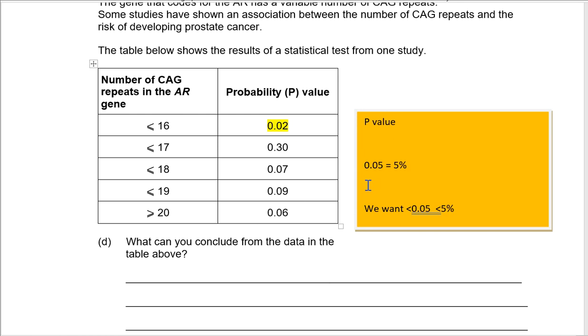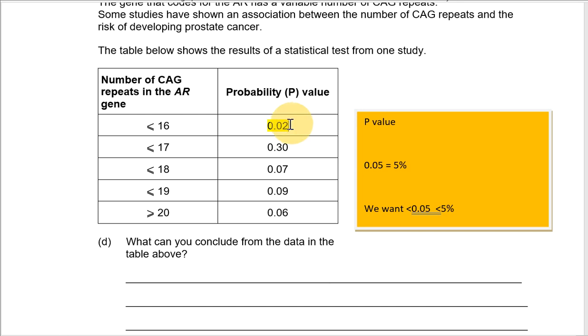Looking at these values, obviously they will not give you percentages, too easy. They're giving you decimals. So our reference point was 0.05 is 5%. So 0.02, how much percent is that? 2%. That means for 16 or less, there's less than 5% probability that the data is due to chance.